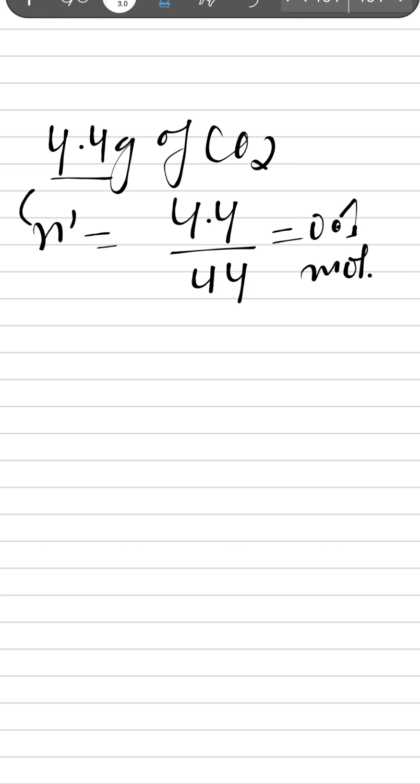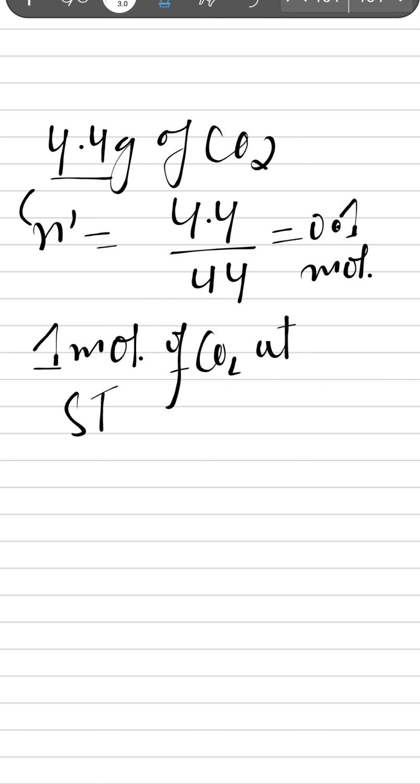Now we also know that 1 mole of any gas at STP, either CO2 or something else, will occupy 22.4 liter volume, right? Now the moles of CO2 we obtained is 0.1.